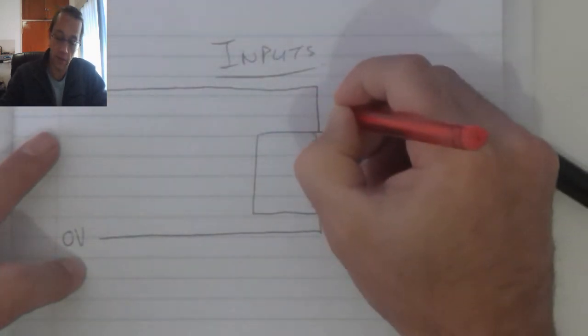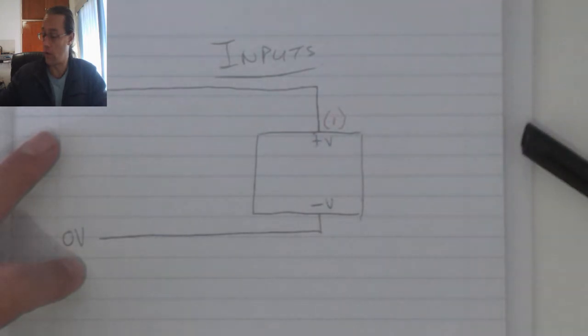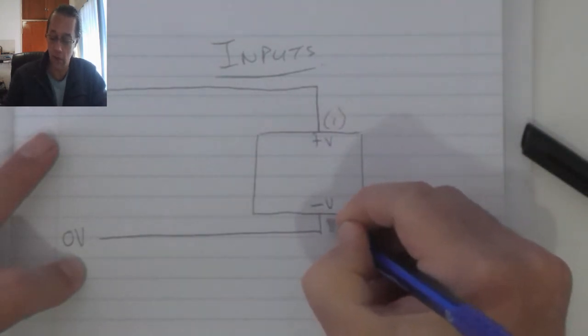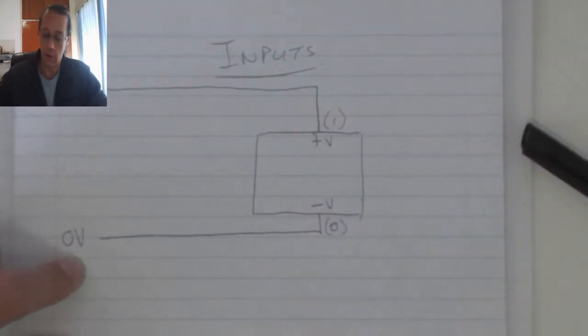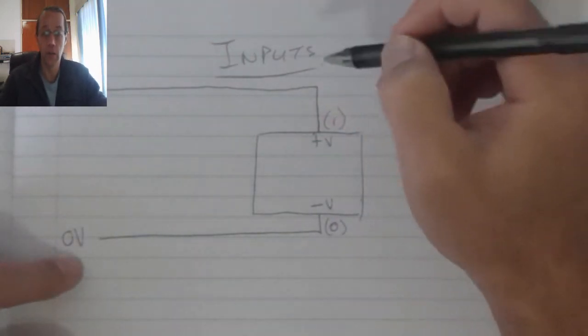So the plus V says what is a logic 1 or what is considered on, and the minus V says what is considered as a logic 0 for the digital inputs.